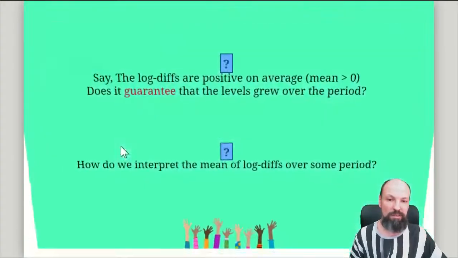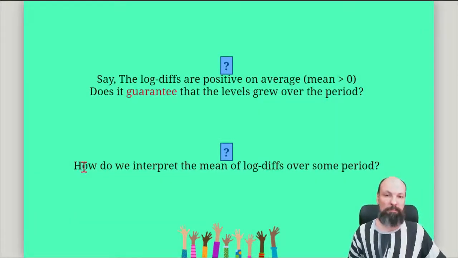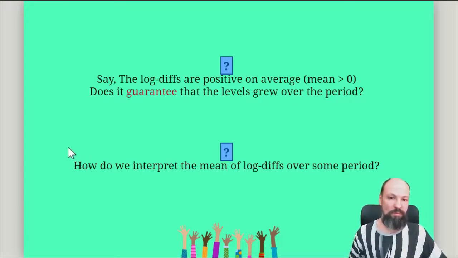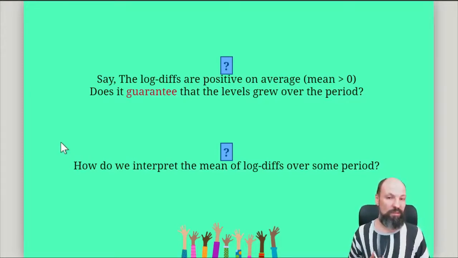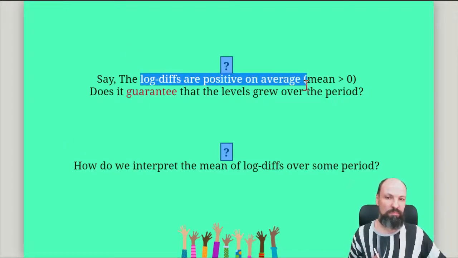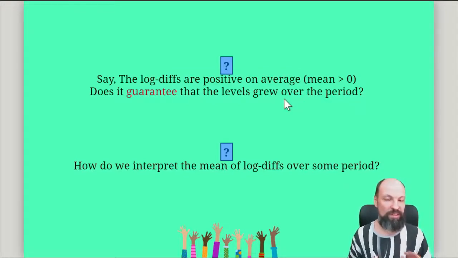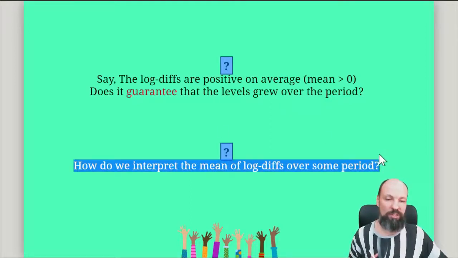When the log difference is positive on average, it guarantees that the initial time series also grew, unlike the percentage change. We will answer this question in the practice session.